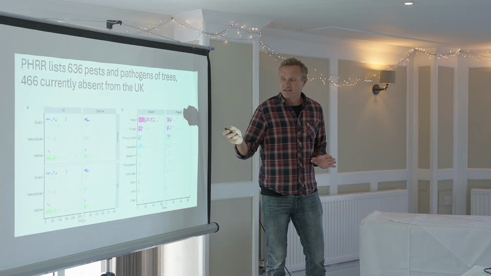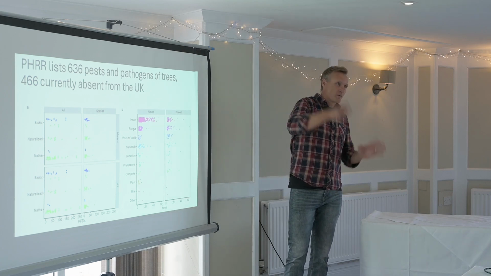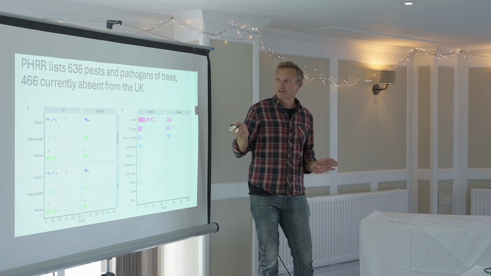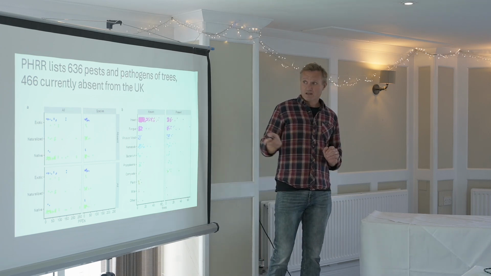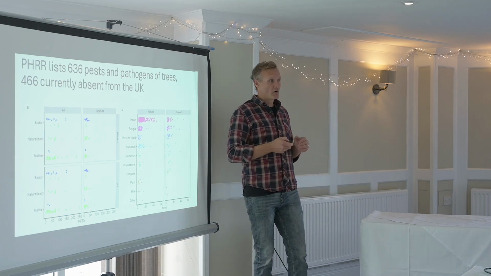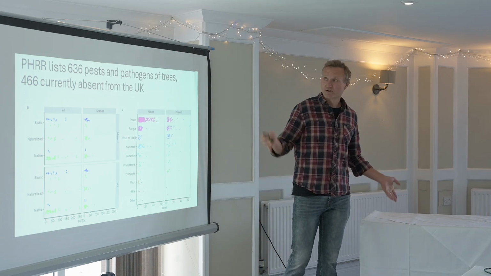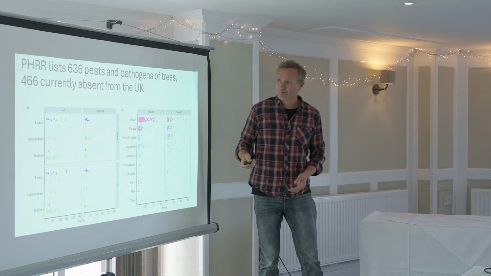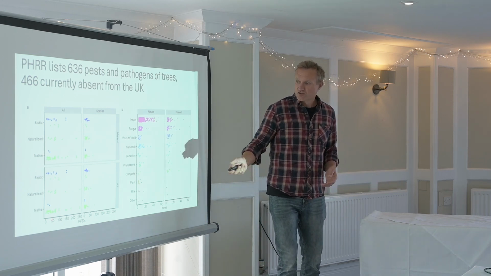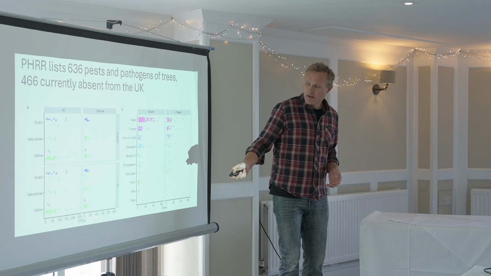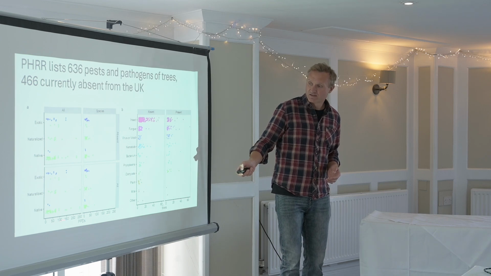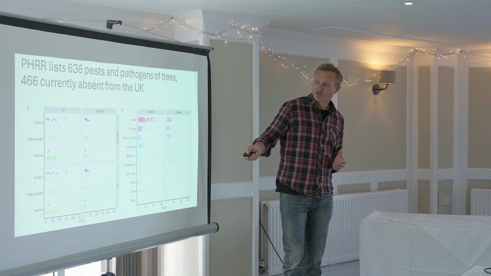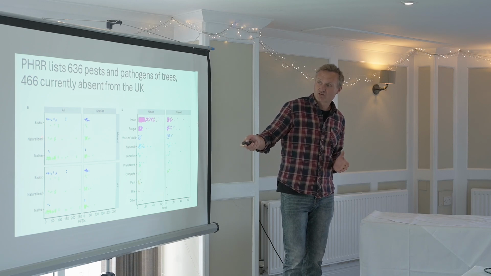Okay, let's get into the data. So once we've stripped out all the crop pests and diseases, we're left with about 636 pests and pathogens of trees. 466 of those are currently thought to be absent from the UK. So some are already here, but they haven't fully saturated the UK. Okay. This shows you the numbers of pests and pathogens of trees on different species of trees, whether they are exotic, naturalized.